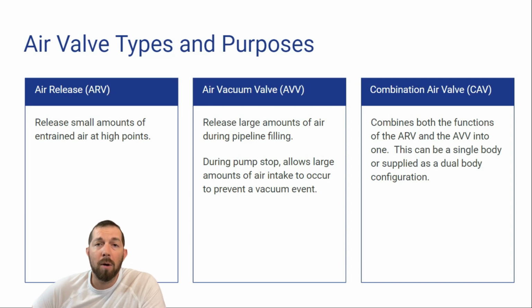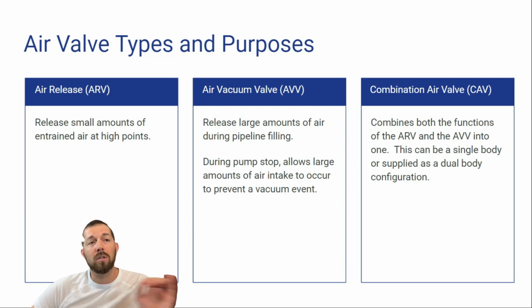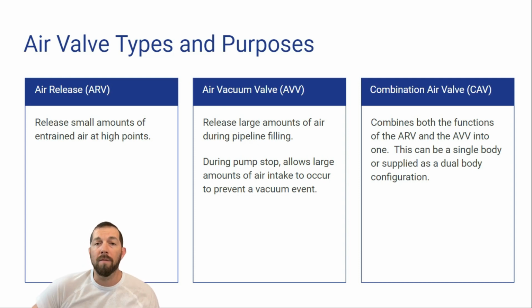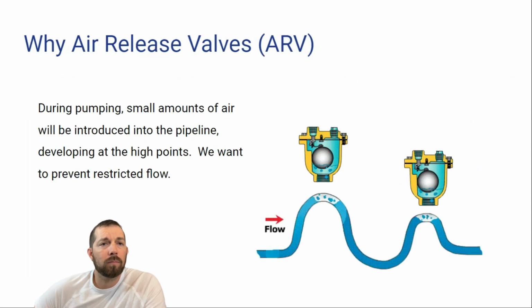And then we have the combination air valve, which basically combines both functions of the air release and the air vacuum in one valve. These combination air valves can be offered in the single body style as well as a dual body configuration, especially when we get up into the larger sizes.